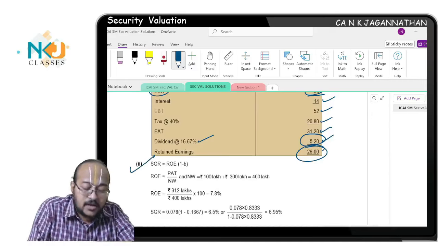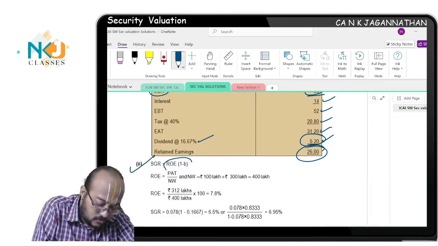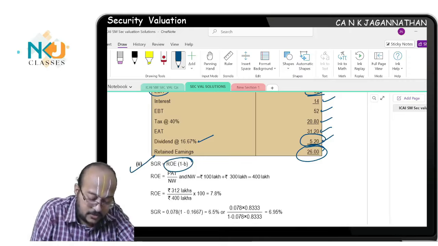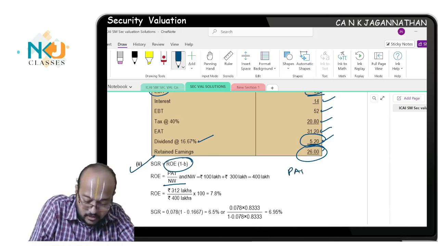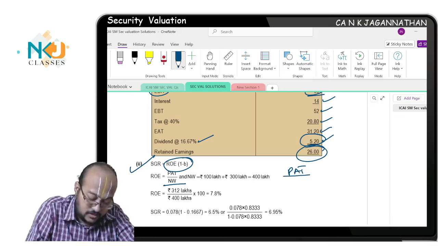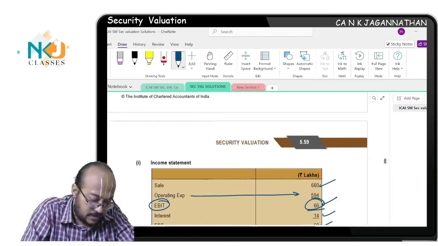Next, SGR. It is nothing but ROE into 1 minus B. Now, what is the ROE? We need to find out. Very simple. See, PAT by net worth. See here, the balance sheet is given.